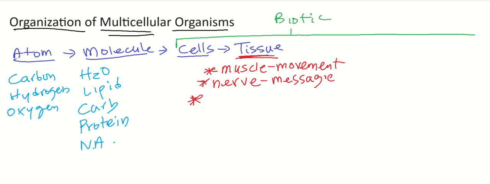Right, and the third one is kind of tricky for students because it's not very familiar, is epithelial tissue. And these are tissues that line organs or cover organs, let's just say covering. All right, so your heart is covered by an epithelial lining or tissue, and so are your lungs, and your organs are covered with this kind of tissue, otherwise it would just spill out, I suppose.